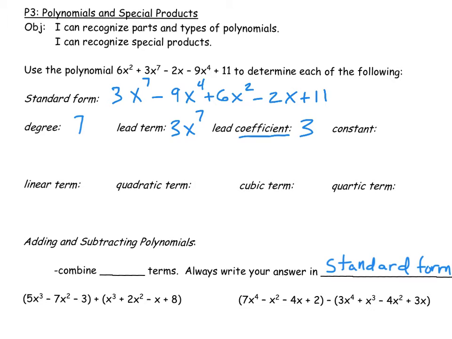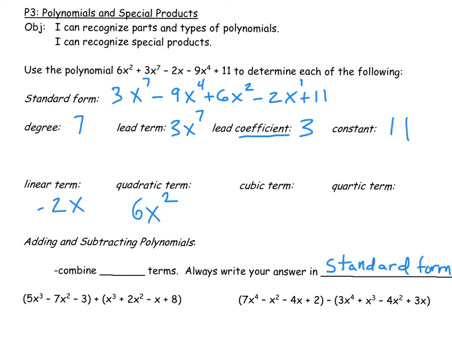Like 3, negative 9 would be a coefficient, 6, negative 2. Constant term is 11. The linear term, that's like right here. That's the term that's got the first power. That's negative 2x. The quadratic term, that's the squared one. That would be 6x squared.